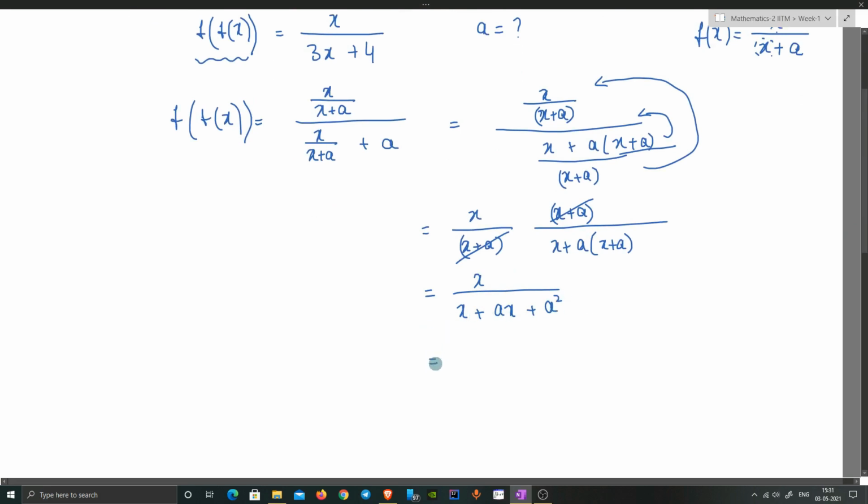If I take x as common, I'll have x divided by x of 1 plus a plus a square. This whole thing is given as x divided by 3x plus 4. By comparing, in the place of 1 plus a I have 3, and in the place of a square I have 4. If I solve any one of the equations, I'll get the answer: a is equal to 3 minus 1, which is 2.